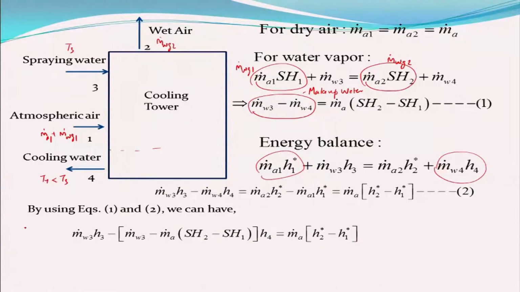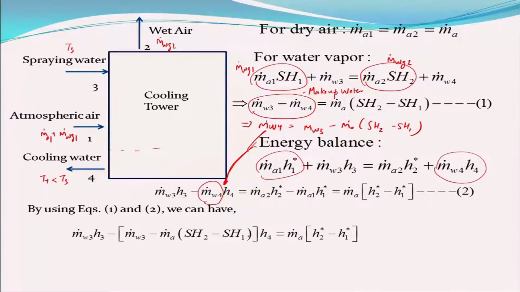In this case, in place of m_w4 I can use this expression, that is m_w4 equal to m_w3 minus m_a (ω2 minus ω1), and I can substitute it over here.